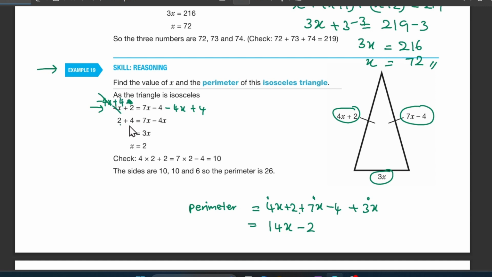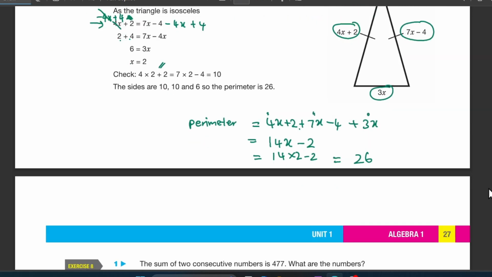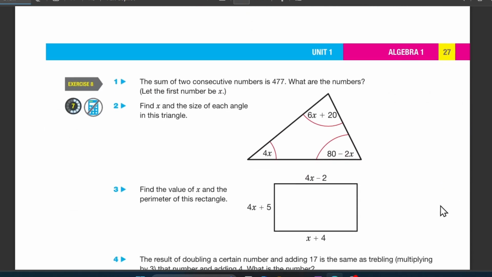Then I get 2 plus 4, 7x minus 4x. Then 3x equals 6, x equals 2. So now we can substitute the x value. 14 times 2 minus 2. So 28 minus 2 is 26. So like that, I think you got the idea.